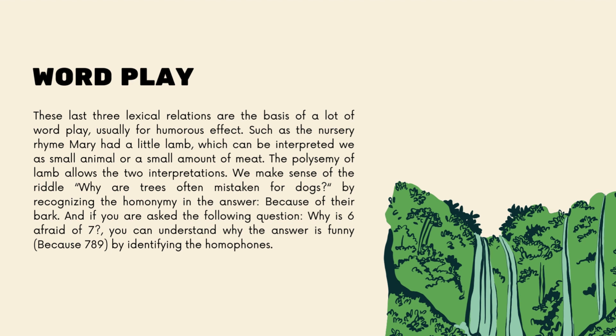We make sense of the riddle "Why are trees often mistaken for dogs?" by recognizing the homonymy in the answer: "Because of their bark." And if you are asked the following question, "Why is 6 afraid of 7?", you can understand why the answer is funny, "Because 7, 8, 9," by identifying the homophony.